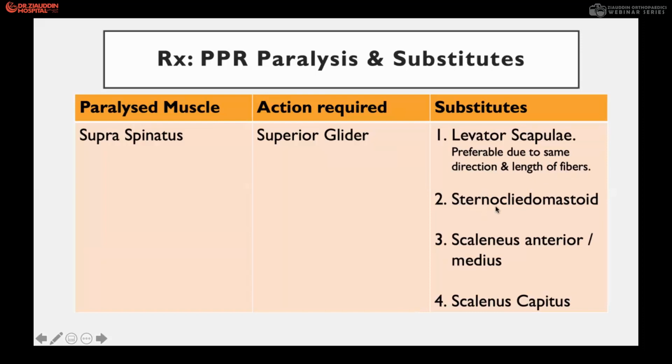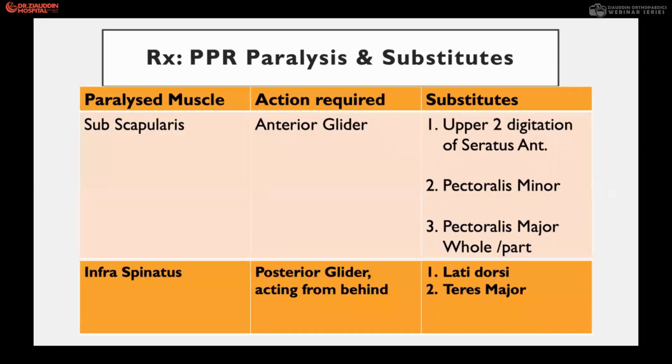Some people also transfer the sternocleidomastoid muscle, and rarely scalenus anterior, medius and posterior are also used for supraspinatus paralysis, which produces the initial 15 to 20 degrees of shoulder abduction.